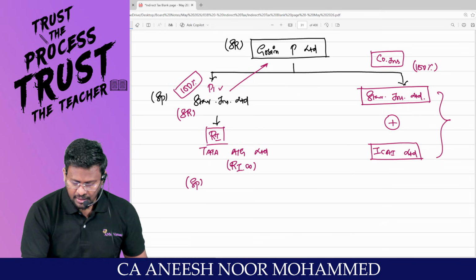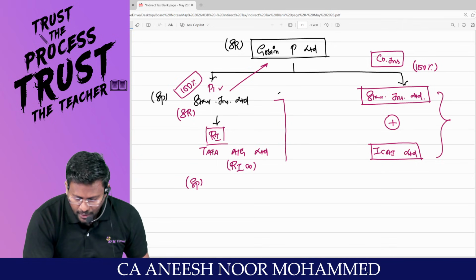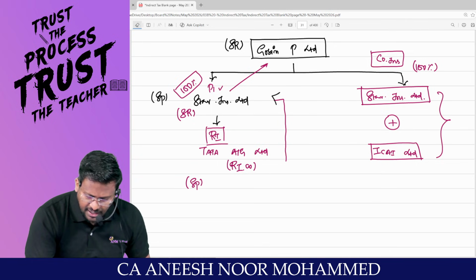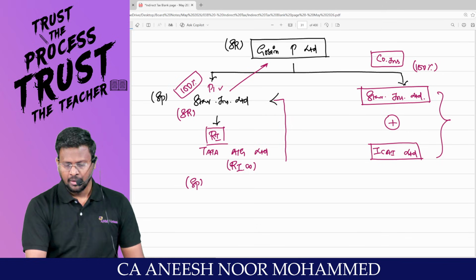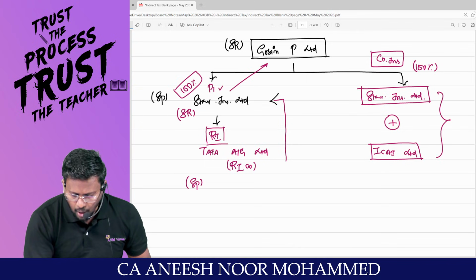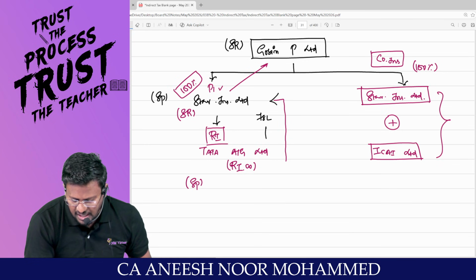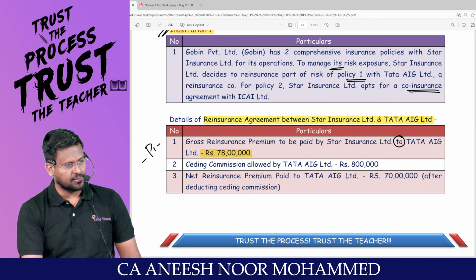That means for this reinsurance service provided by Tata AIG to Star Insurance, my dear lovable students, Star Insurance Limited is supposed to pay a consideration. How much is the consideration? Star Insurance is going to pay Tata AIG 78 lakhs.